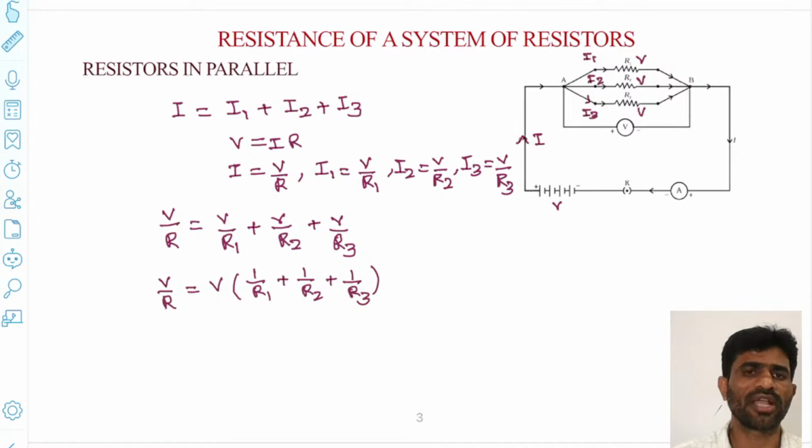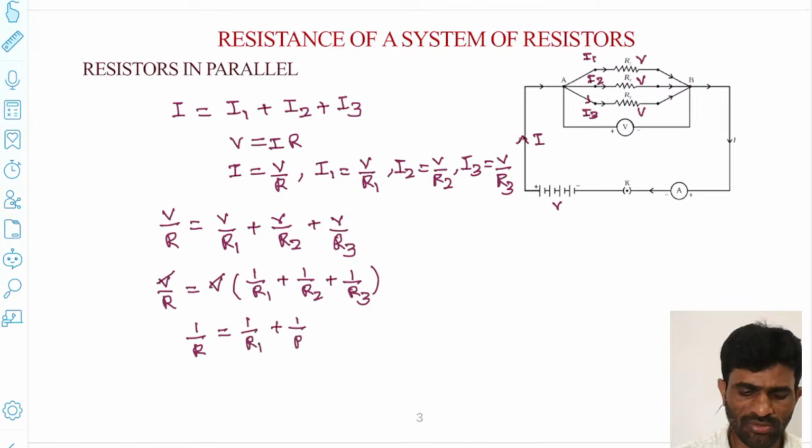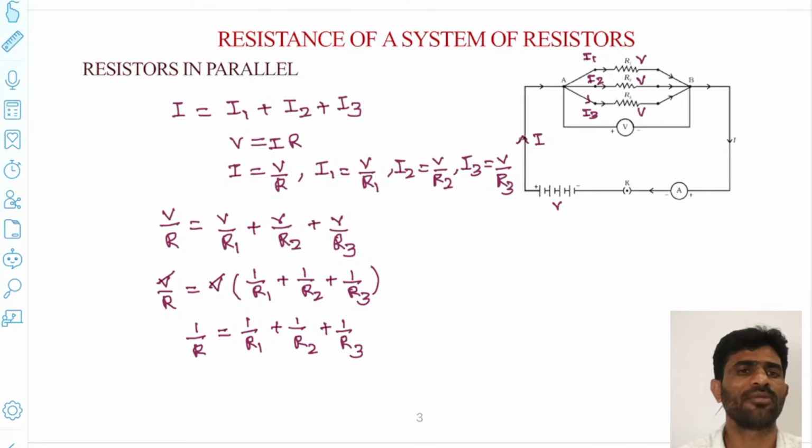Now we can cancel V on both sides, so that we get 1 by R is equal to 1 by R1 plus 1 by R2 plus 1 by R3. This is the effective resistance formula when resistors are connected in parallel.